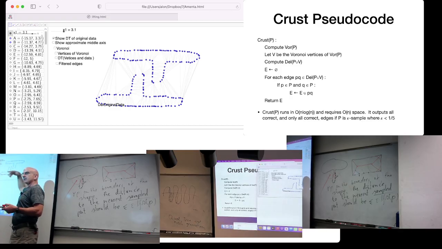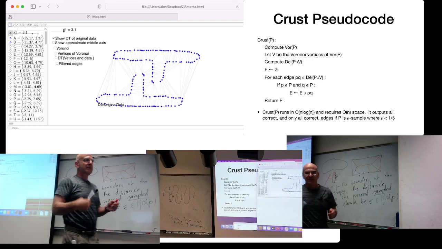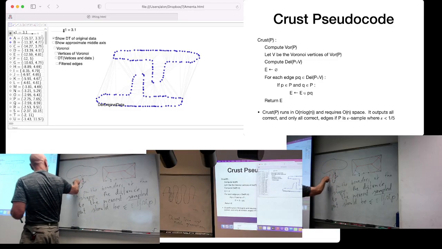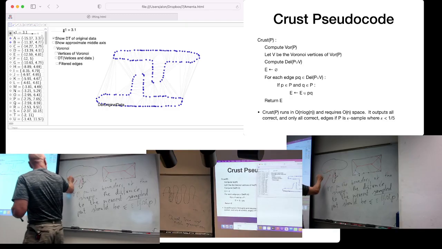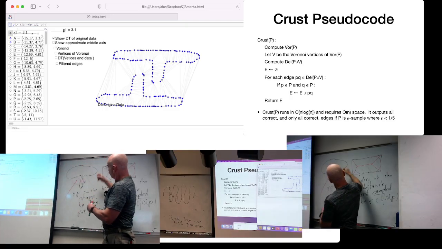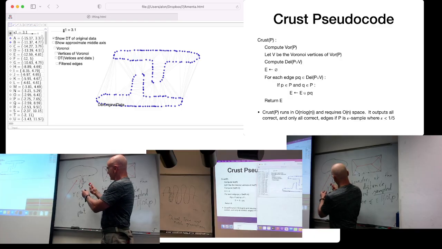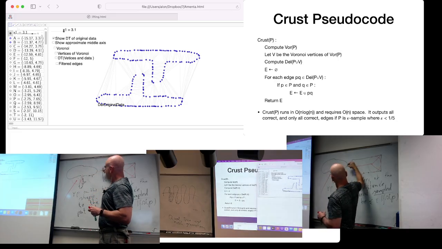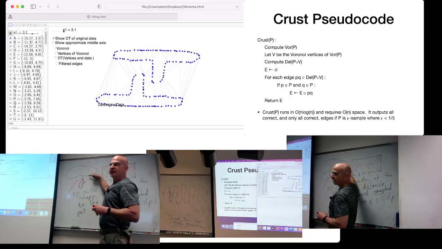It doesn't mean that there are no false Delaunay edges between wrong points, but at least this condition says that for this point over here, P, there will be a Delaunay edge that contains P. Why?